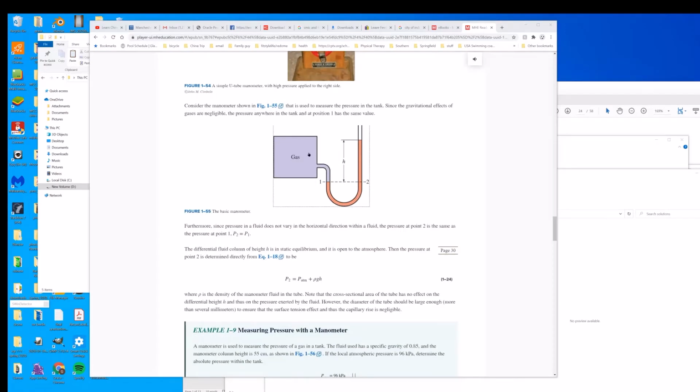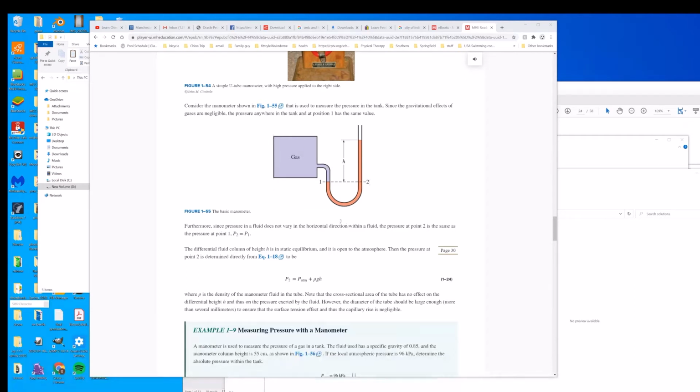You have some gas connected to a tube, and these are points: this is point 1, point 2, then you have some elevation between here and here. And here's your other fluid. They're using the change in that to determine the actual pressure of the gas. So we're looking for the pressure of the gas.